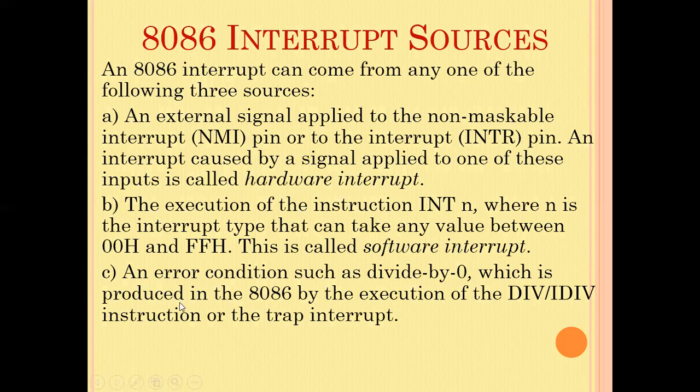And some others are due to errors that occur while executing a program, like divide by zero. So these are the possible sources for an interrupt. One is hardware, for example NMI. The second one is software, which is INT, and the third one is errors like divide by zero.